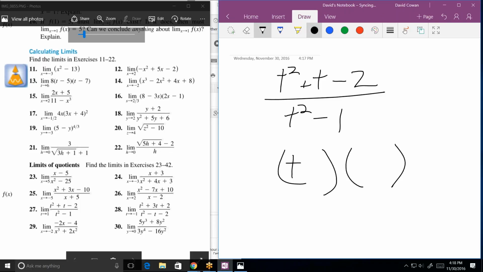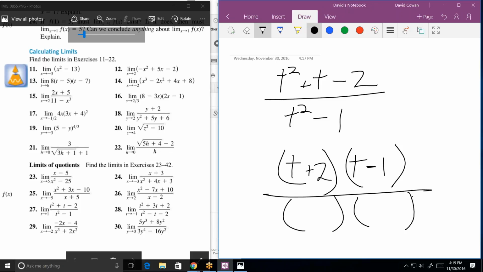Correct. Okay. So what do I know about my signs? My signs have to be opposite. You have to have a positive 1 because I have to have a 1t. And the only factors of 2 are 2 and 1, right? Put the larger of those factors with the sign of the middle term. The 2 has to go there, 1 to go there. Now factor the bottom.